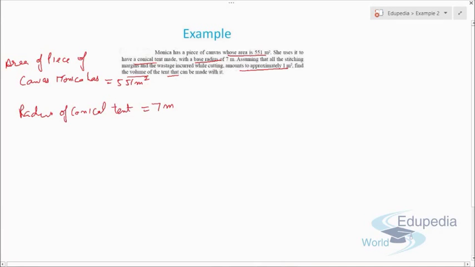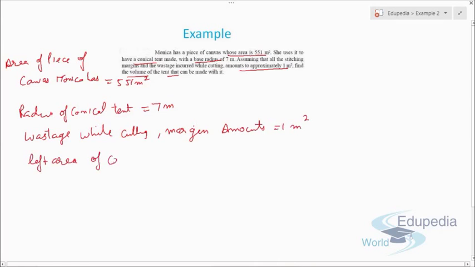And while cutting and stitching, the wastage is 1 meter square. So we can say that wastage while cutting and margin amounts to 1 meter square. So this means we are left with area of canvas, which is 551 minus 1, which is 550 meters square, right?